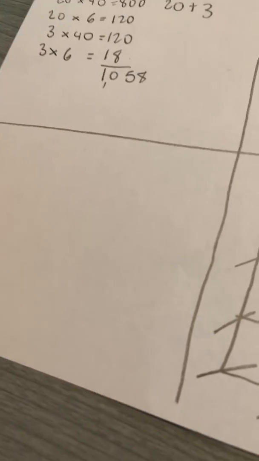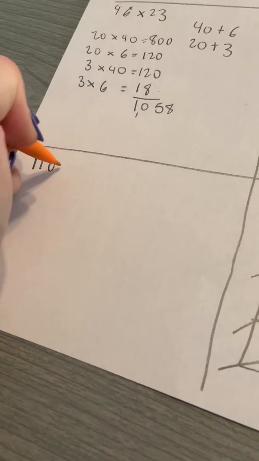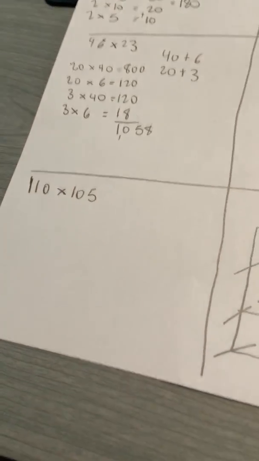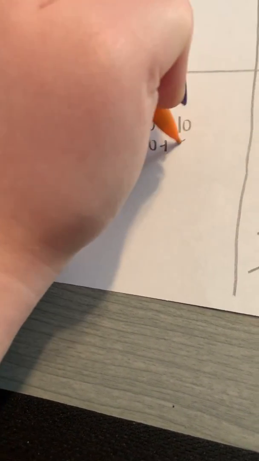All right, so moving on to the last one now. I'm trying to cover them up, but that wasn't really working. So we're going to have 110 times 105. So what we're going to do is 100 plus 10, and then 100 plus 5.